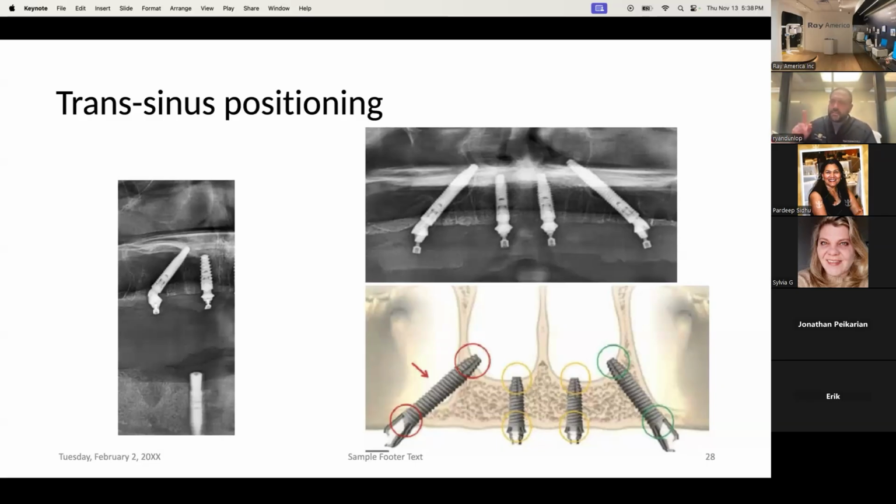Now, the only exception to that rule is on mandibular bone, where it's really, really dense cortical bone. If you put implants in at very, very high torque, a couple of things can happen. You can either break the implant, you can break your drivers, or you can see bone loss in that very, very dense cortical bone.